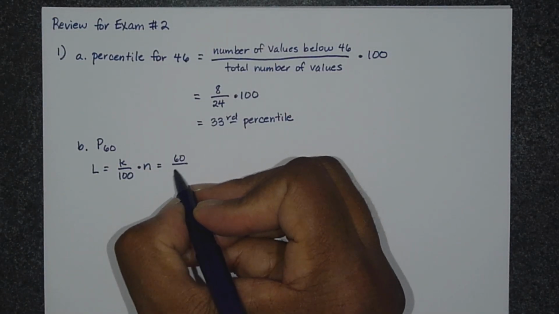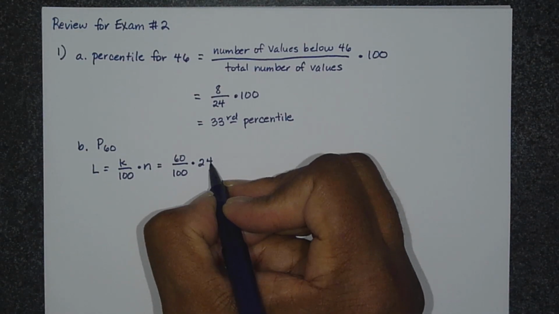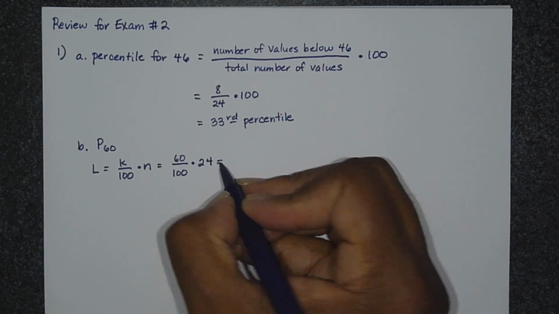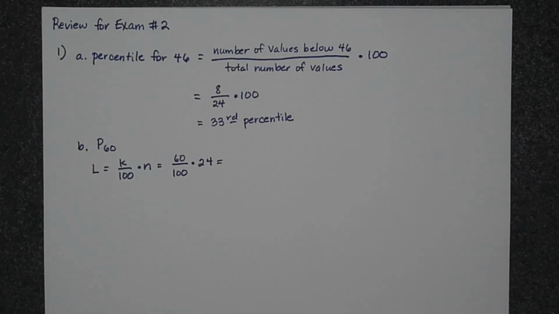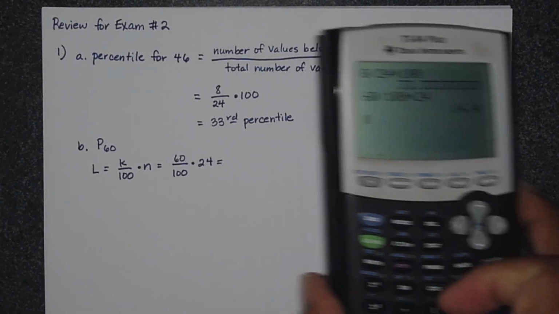So it's 60 over 100 times N, which is 24. And if you get a decimal value, we round up to the next larger whole number. So if I do 60 divided by 100 times 24, I would get 14.4.